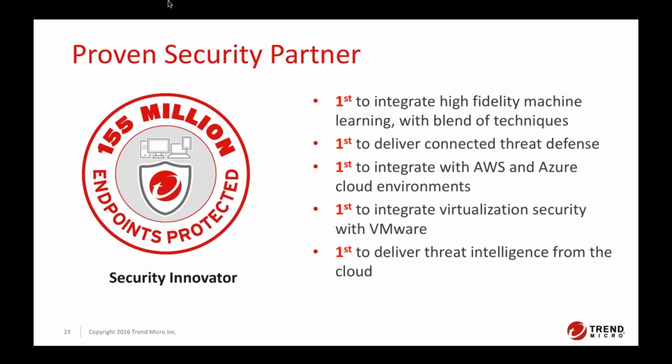Trend Micro has not been the greatest at shouting about what they've done in the past. We're a company around innovation. We're the first one to integrate with things like the cloud environment. No other security vendor was there before we were in terms of how we work directly with AWS and Azure, and the integration we have with VMware and the latest NSX platform as well. It literally is just proving exactly where we are as that security partner.